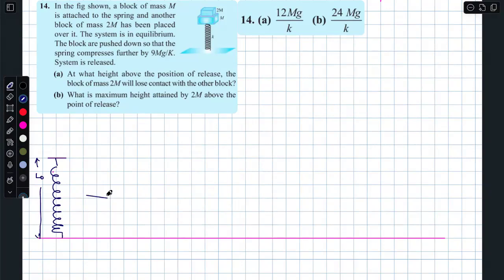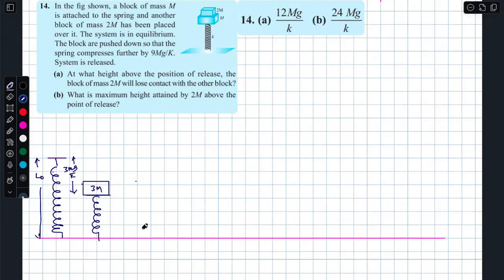When both the blocks are there, for a while, you can take the total system as 3m, no issues. So therefore, this is nothing but 3mg by k. Till this point, any doubt? And in this, you further compressed by 9mg by k.